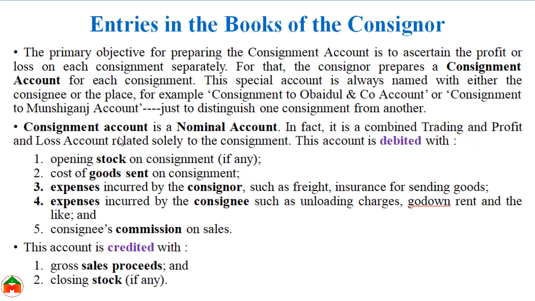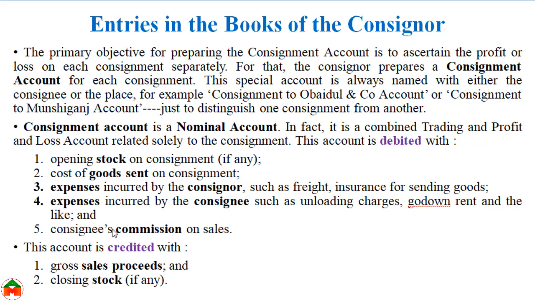The items that should be shown on the debit side are opening stock on consignment, cost of goods sent on consignment, expenses incurred by the consignor, for example, freight and insurance for sending the goods, as well as expenses incurred by the consignee, for example, unloading charges, ground rent, or any other expense.